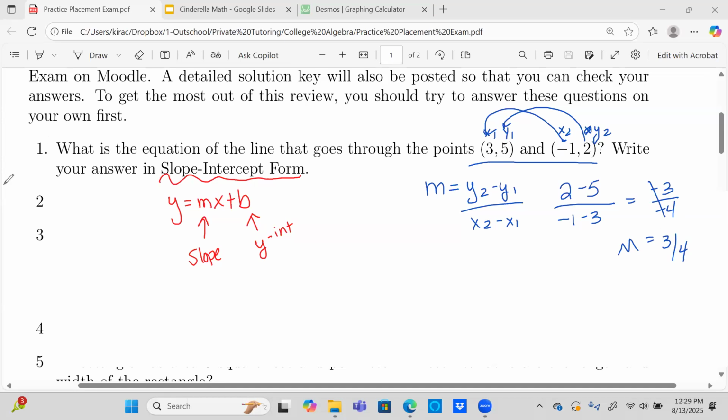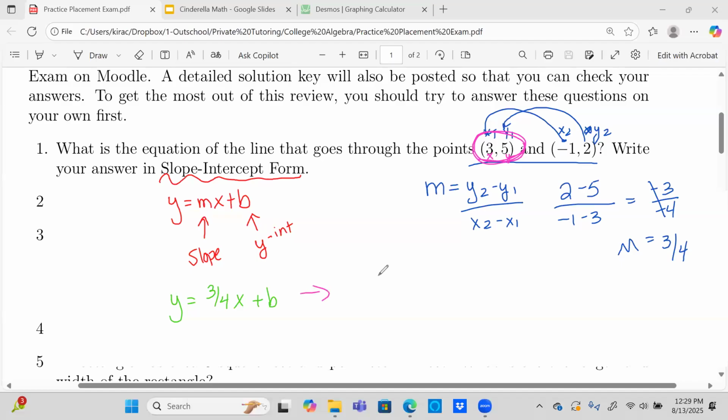So coming back over to our Cinderella equation, we have y equals 3/4 x plus b. And now pick either point. I'm going to pick the first one since they're both positive, so I just like that better. This is x, this is y.